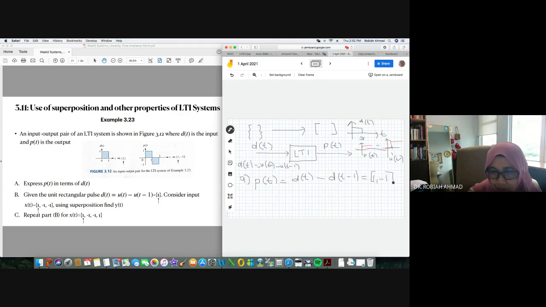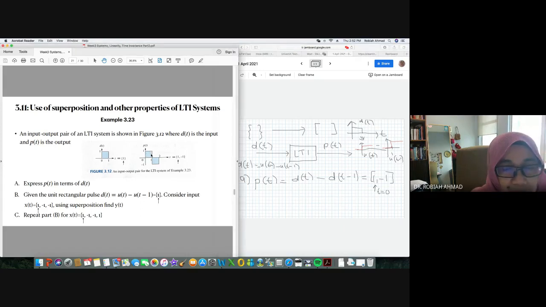Dan the arrow is actually refer to at t equal to 0. So if you look here at t equals 0, the signal here is 1, and then when t equal to 1, dia adalah negatif 1.